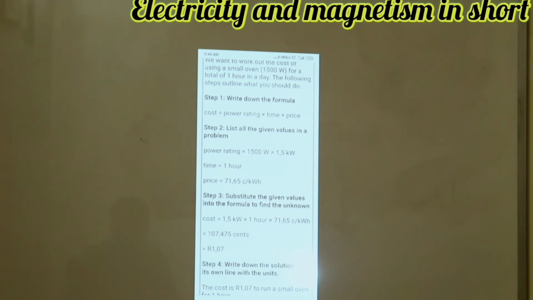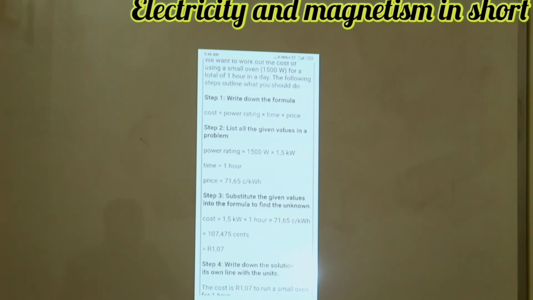Step 3. Substitute the given values into the formula to find the unknown. So cost equal to power rating. Power rating is 1500 watt. 1500 watt you must convert into kilowatt, that is 1.5 kilowatt. Then time is given in hour, so you can multiply 1 hour directly.